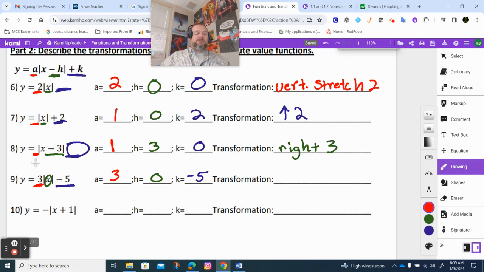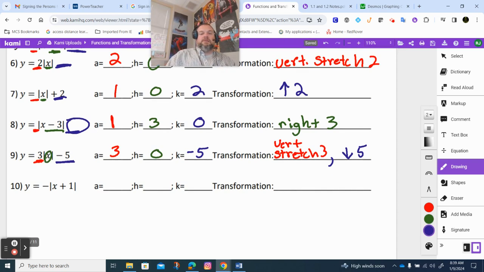All right. So our a value is greater than 1, so we have a vertical stretch 3. I forgot to write vertical, sorry. And then down 5. Okay.